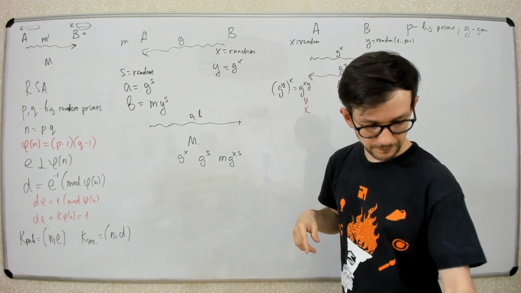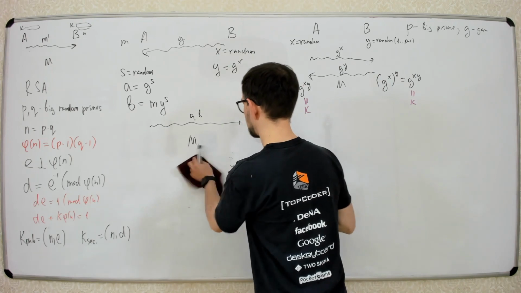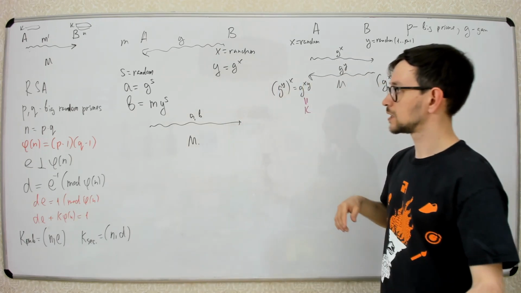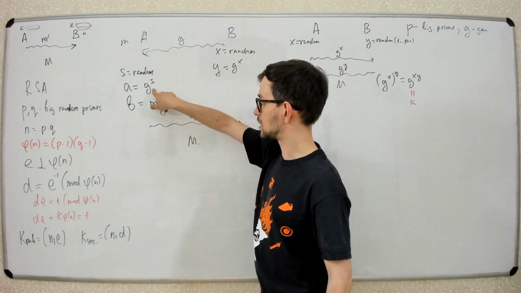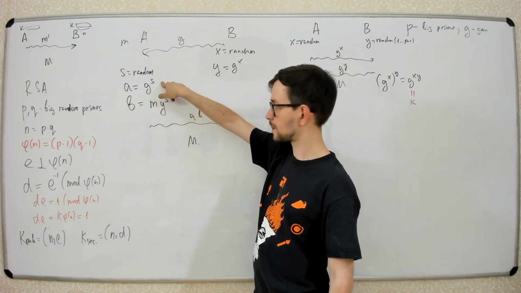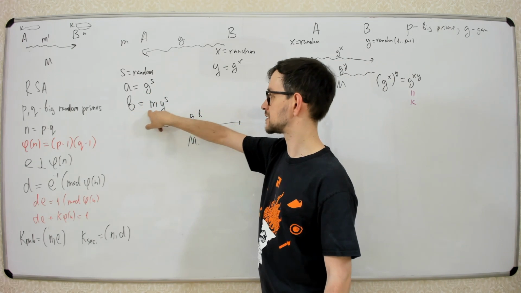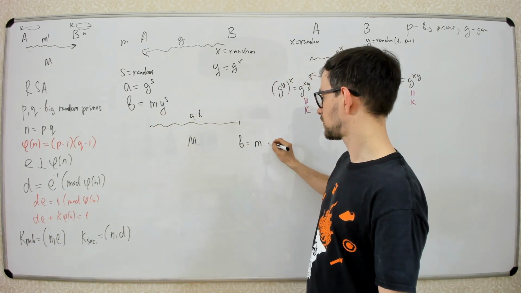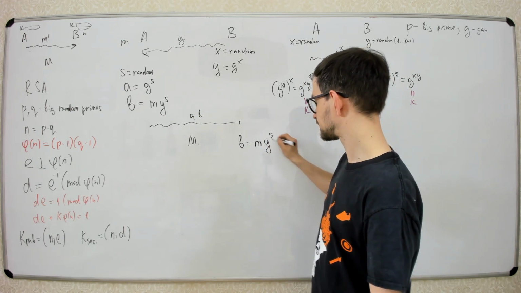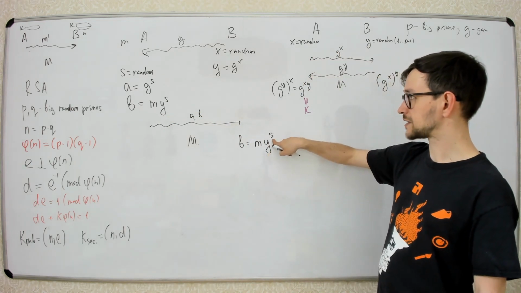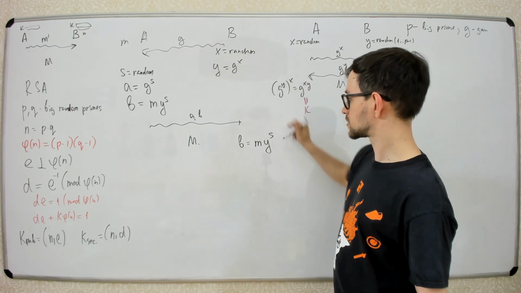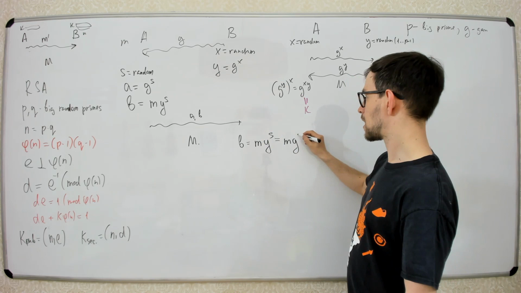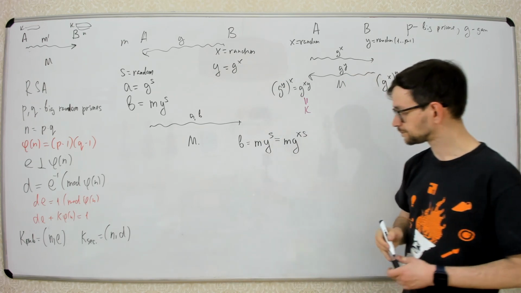What can Bob do? Bob can get the message like this. Bob knows the number A is G in power of S, and number B is M multiplied by Y in power of S. What is Y in power of S? Again, Y is G in power of X, so B is M multiplied by G in power of XS, right?